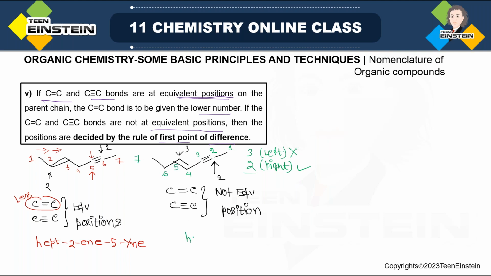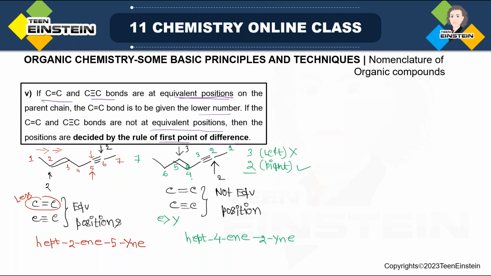Again, you start with hept because we do not have any substituents. En is always before yne because alphabetically E comes before Y. So whatever the positions of double or triple bond, it is always written alphabetically first. So 4-en, 2-yne. Why 4-en? Because the double bond starts at position 4.